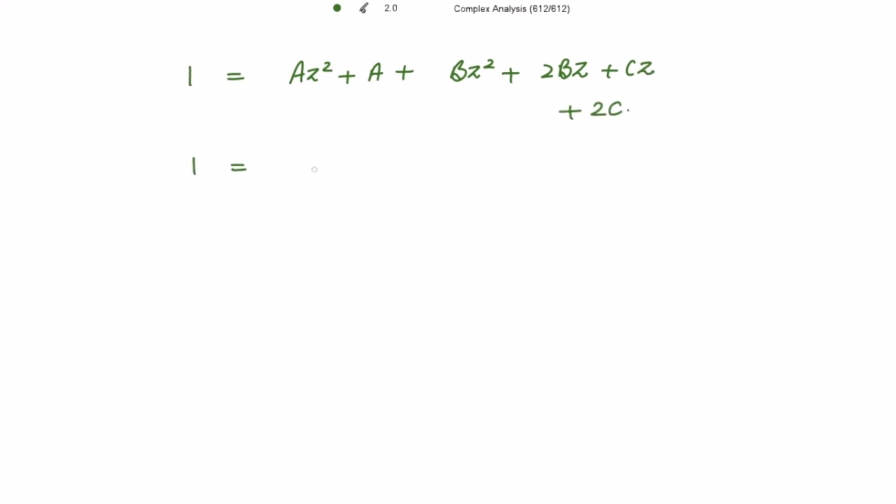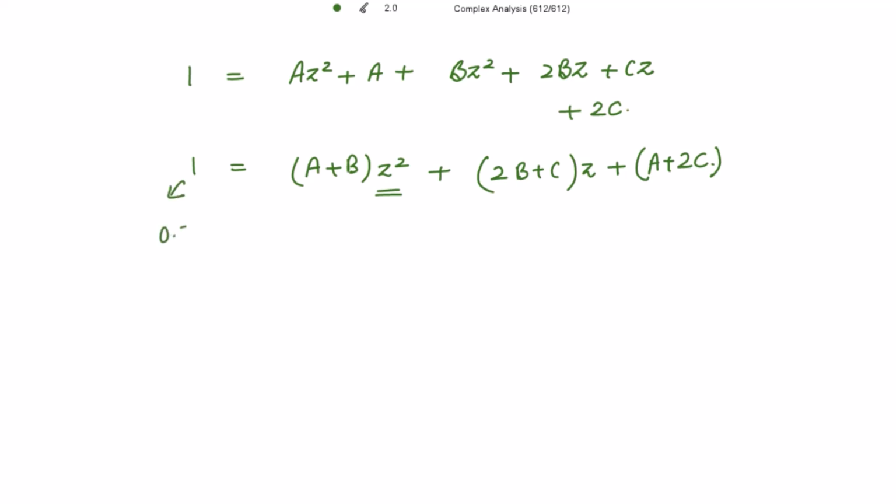Let's collect the coefficient of z square, that is a plus b, and the coefficient of z is twice b plus c, and the rest we have a plus twice c. Fine. When equating the coefficients, we can write the left side as 0 into z square plus 0 into z plus the constant 1.